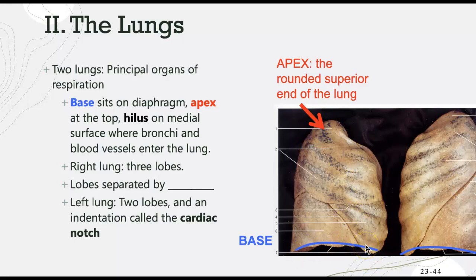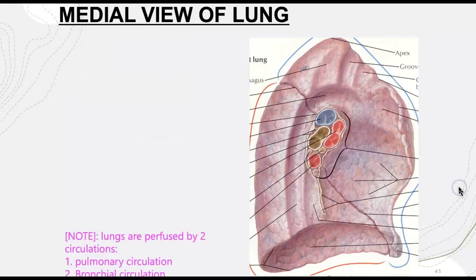If we look at the medial surface, we would find a hilus, and that is going to be where structures enter and exit. Our right lung, like we said, has 3 lobes, and these lobes are separated by fissures. You can see the fissures over here, and we'll learn the name of it in just a moment. And our left lung has 2 lobes, and we'll see in another view that cardiac notch for the heart.